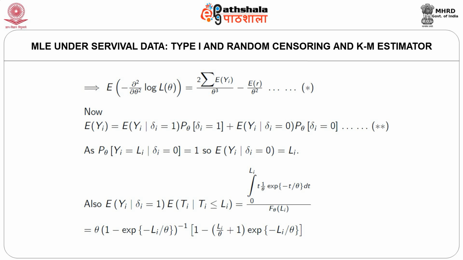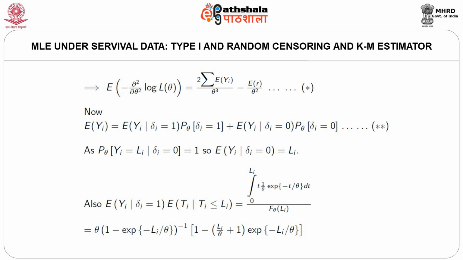This implies the expectation of minus del square del theta square of log of L theta is equal to expectation of twice summation yi by theta cube minus r by theta square, which is equal to twice summation expectation of yi by theta cube minus expectation of r by theta square.